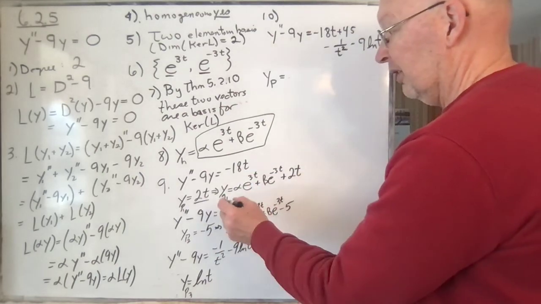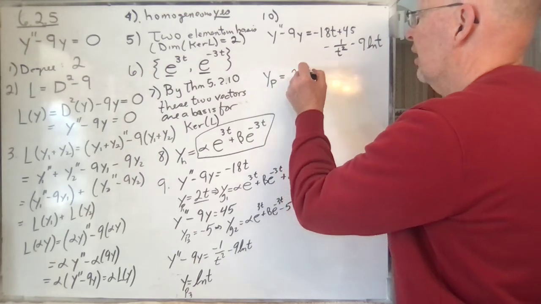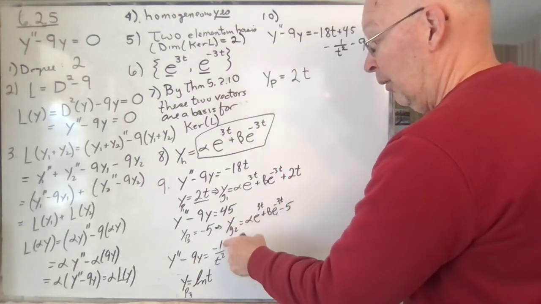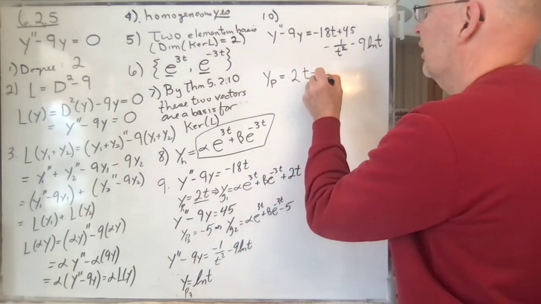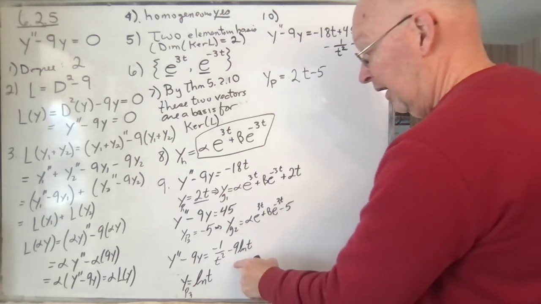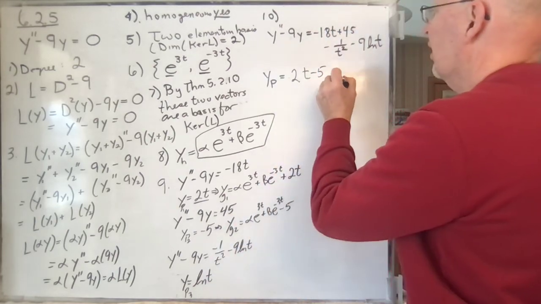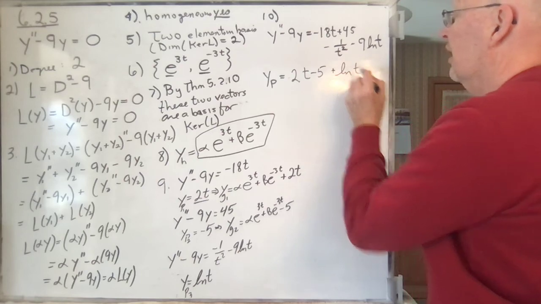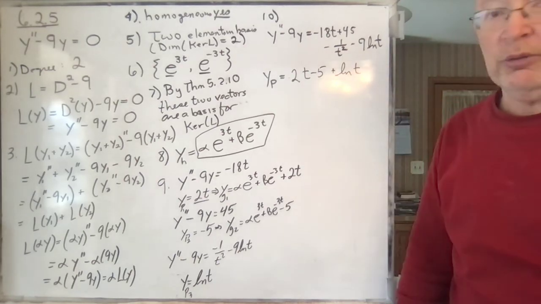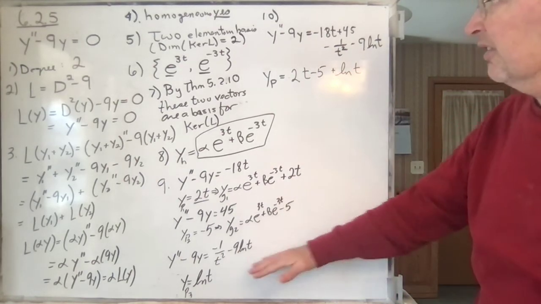So it's just going to be 2t minus 5, and then what? Plus ln of t. The whole reason why this works so nicely is, again, because this thing is linear.